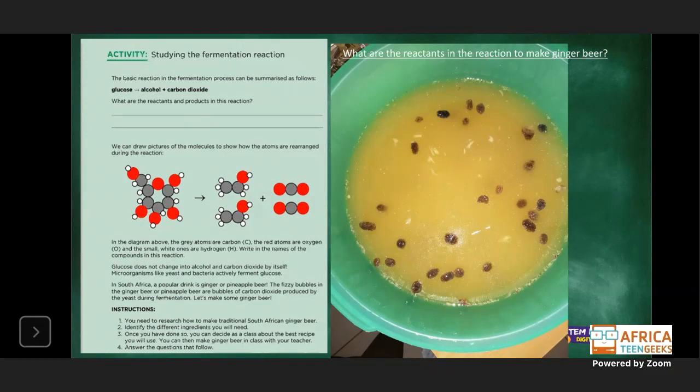All right, so guys, I need the answer to what are the reactants in the reaction to make ginger beer? Can send through your answers, guys.